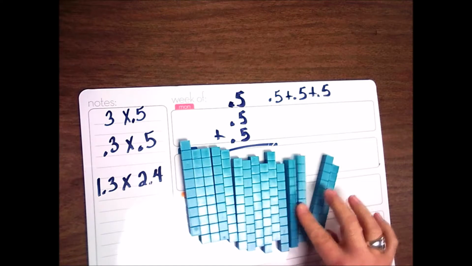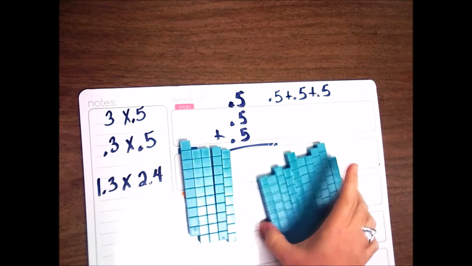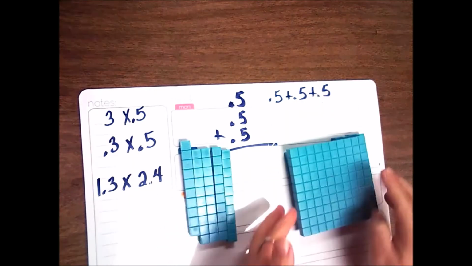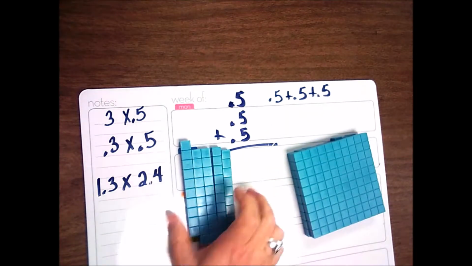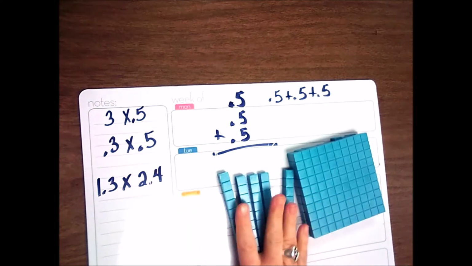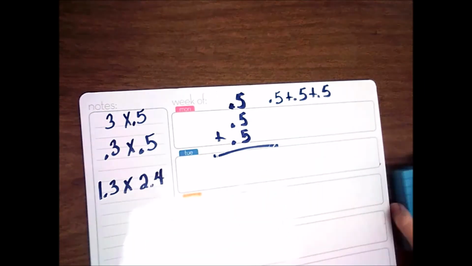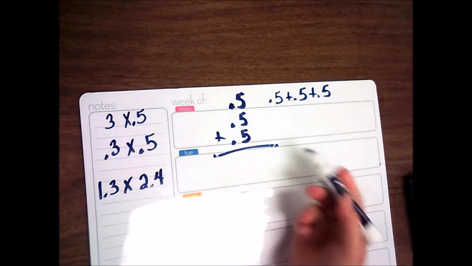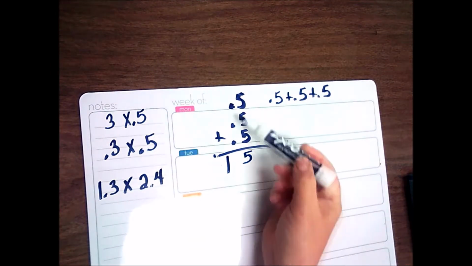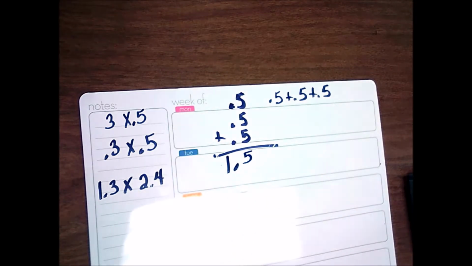Or 1, 2, 3, 4, 5, 6, 7, 8, 9, 10 of those make one whole. So one whole and 5/10. So that's how you would do it with your base 10 blocks if it's a whole number times a decimal. And of course, when you add this 5, 10, 15, that adds up to 15. And remember that decimal point comes straight down, which is your one whole and 5/10.